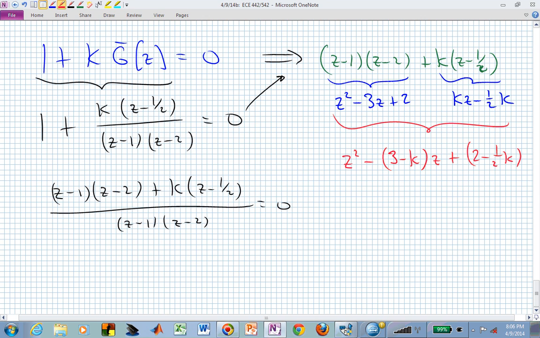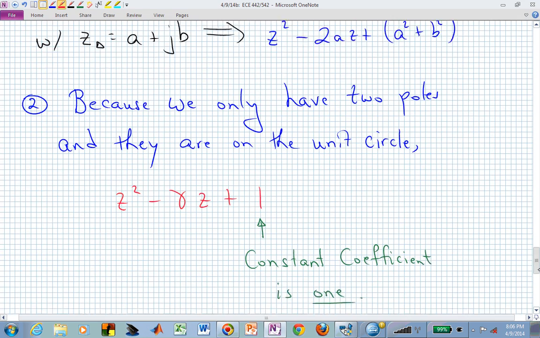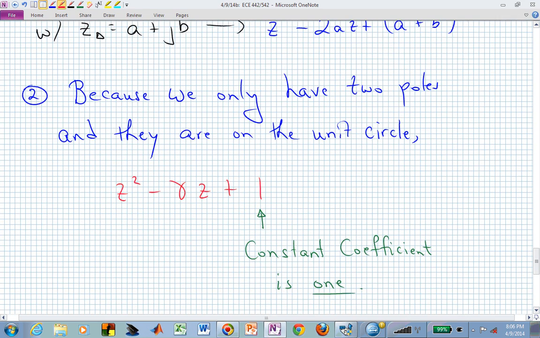Those are our 3 properties. We have a characteristic polynomial in terms of k. We have a characteristic polynomial, some of the coefficients known because we know the roots, all of the roots are on the unit circle. Our constant coefficient is 1.